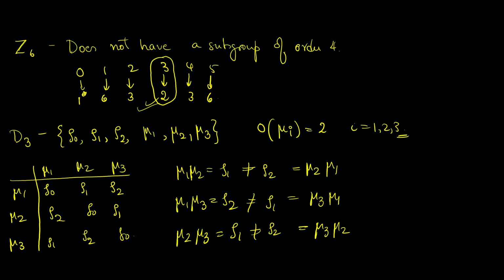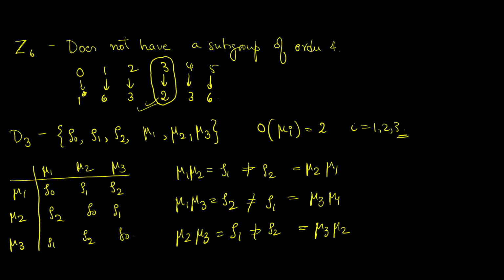I mean, the statement that we gave here is a sufficient condition. So we cannot say that since the commutativity is not there, and that much we cannot say. What we can say is, since it does not have a subgroup of order 4, either the commutativity must have been failing, or there is at most one element of order 2.